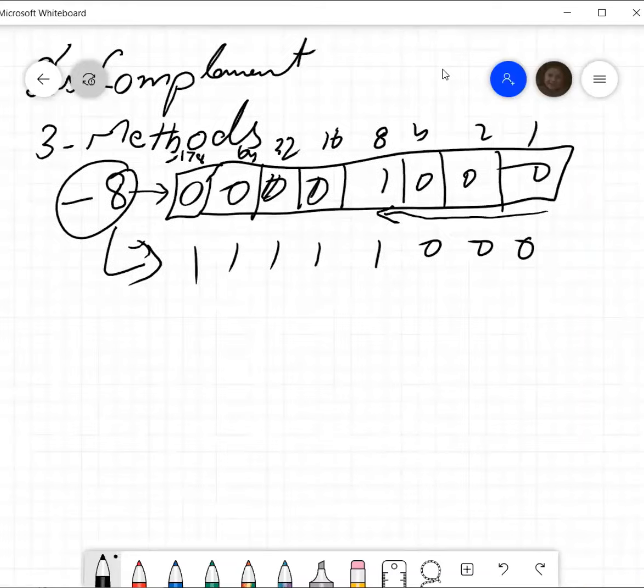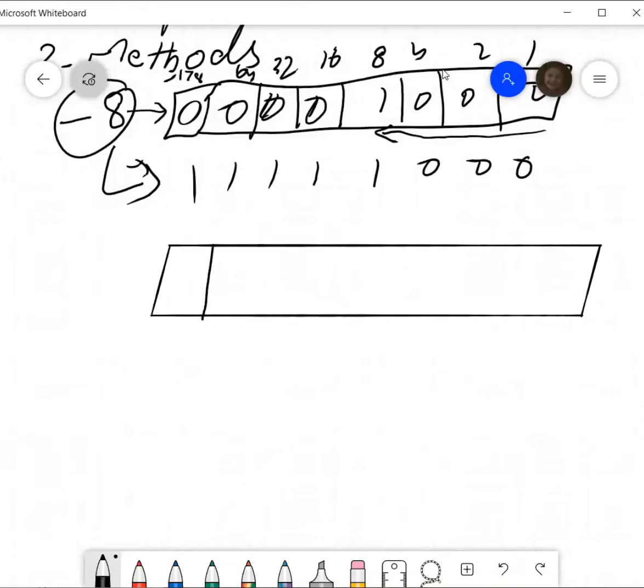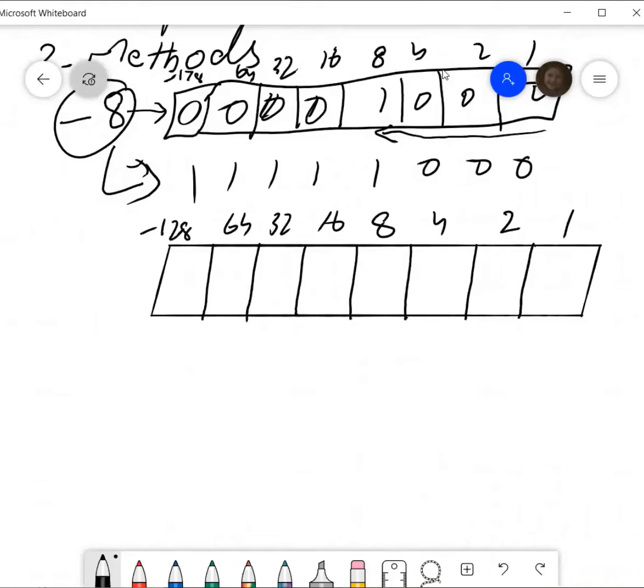The other method is the one I want you to actually practice. Take the place values 1, 2, 4, 8, 16, 32, 64, -128. Let's suppose you want to show -64 as 2's complement.